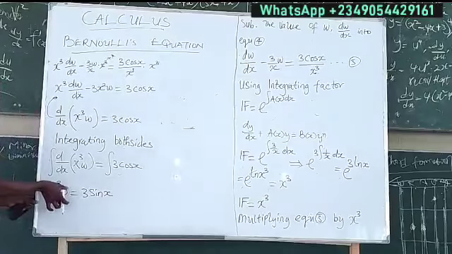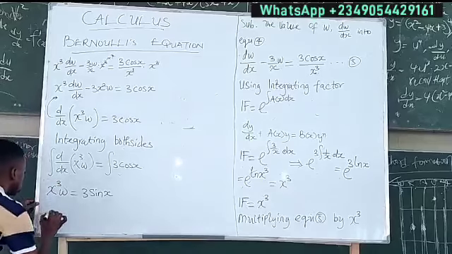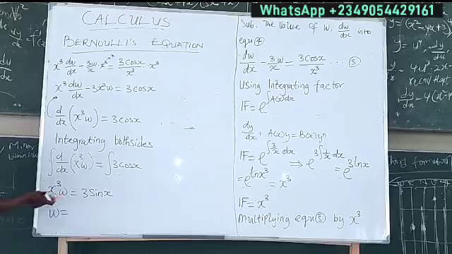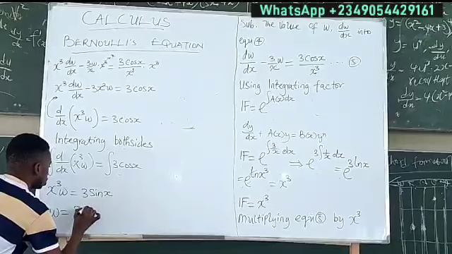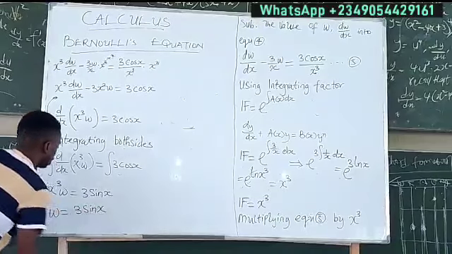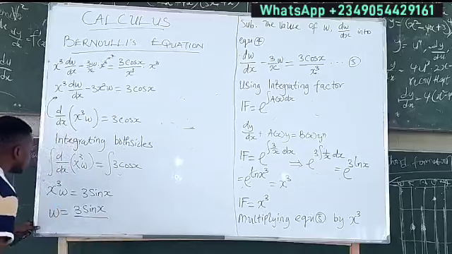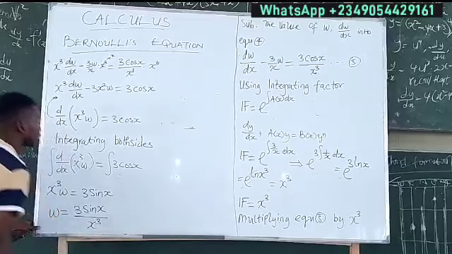Then let's make w the subject of formula, that is w is equal to, we divide both sides by x raised to the power 3, this becomes 3 sin x over x raised to the power 3.